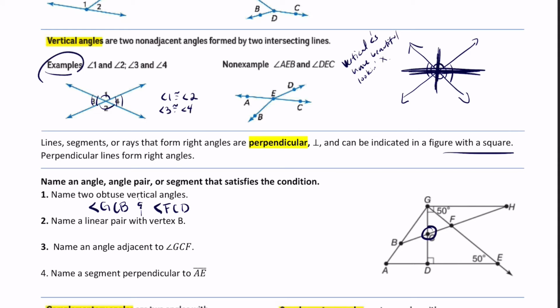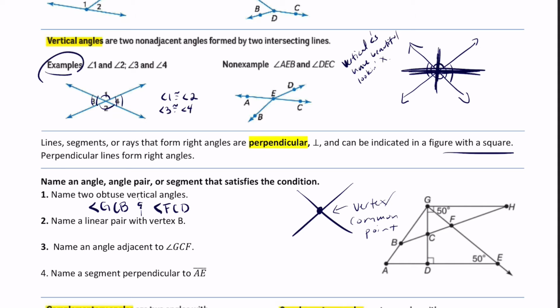The vertex has to be in the middle. The common point that they share has to be in the middle. So you can see that right there. The common point of these two intersecting lines is the vertex. Sorry, not common side, common point.